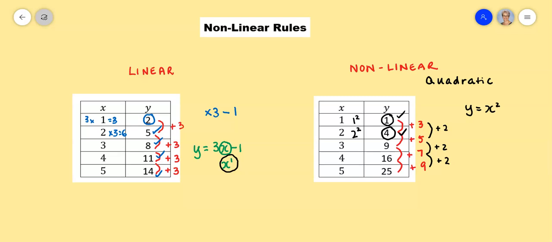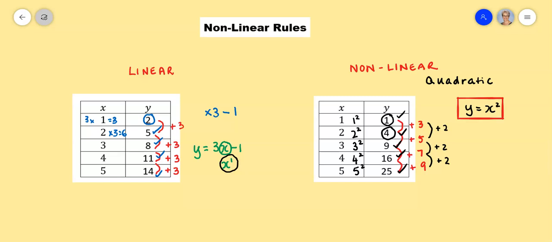That's correct. When x is equal to 3, 3 squared is equal to 9. That's correct. 4 squared will give us 16, and 5 squared will give us 25. So this is our rule for this table. Y is equal to x squared.